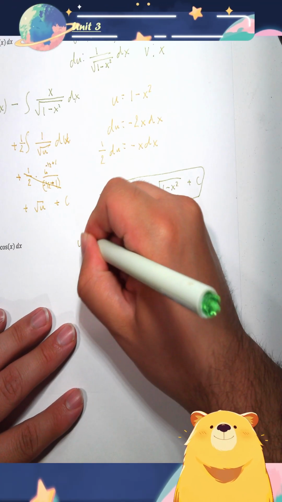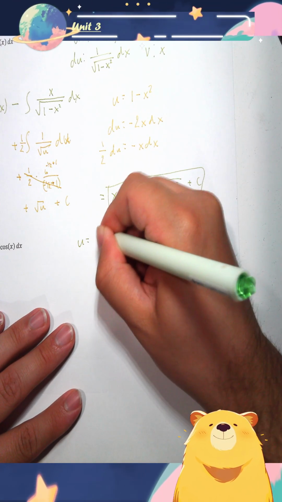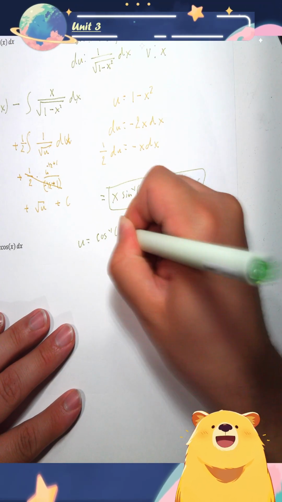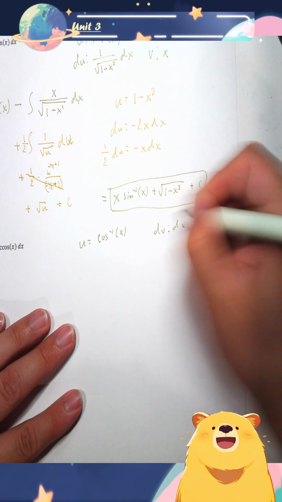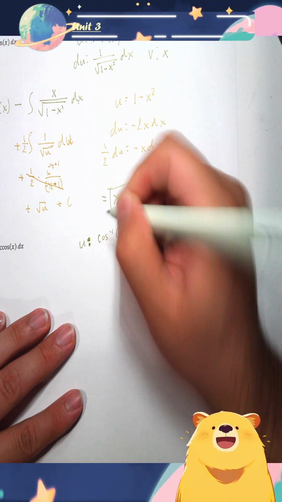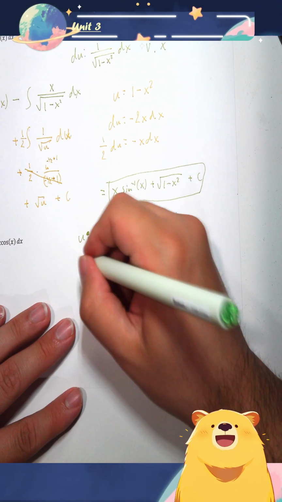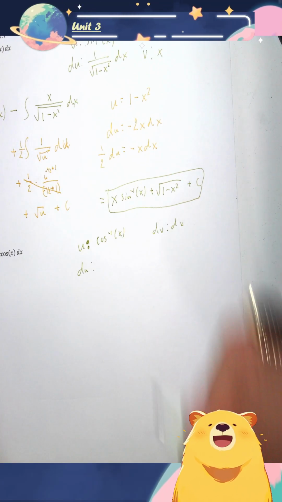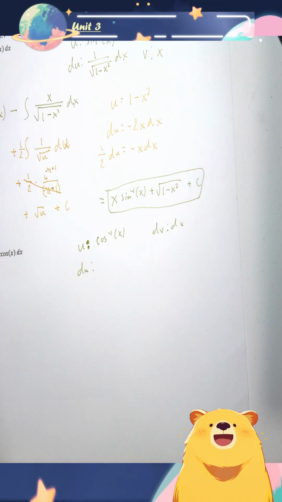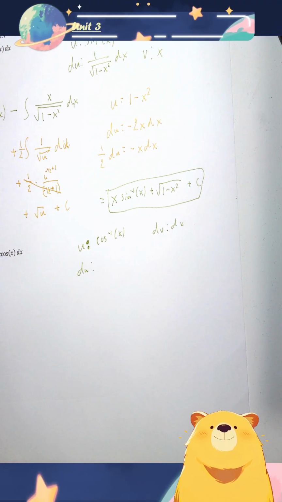Last one, number 4. Number 4 is taking the whole expression, cosine inverse of x dx. I don't know why I'm switching between colon and equal sign. So this one, I believe it's the same thing, just a negative on top. Let me just double check that.